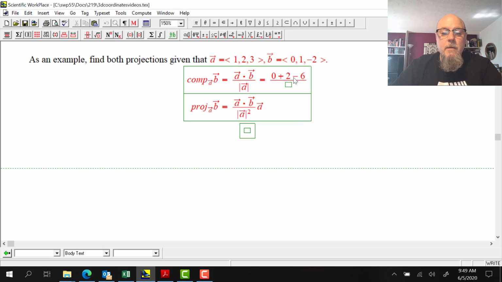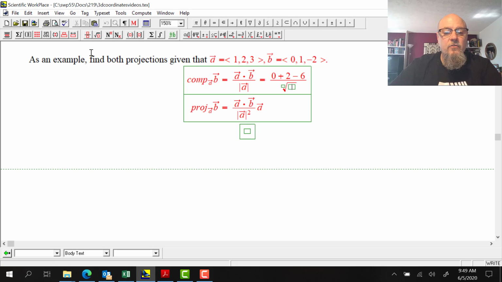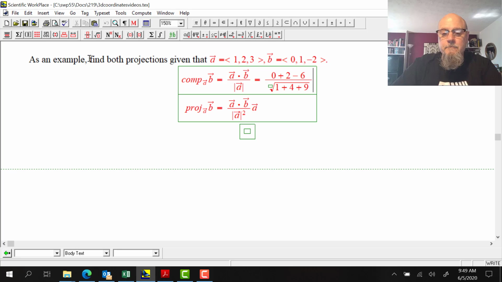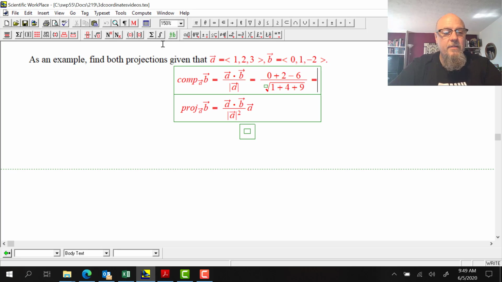And now I need to divide it by the magnitude of A. The magnitude of A is the square root of first component squared plus second component squared plus third component squared. When I simplify this, I'm going to get minus 4 over root 14. There's the component. That's how long that red line on the bottom was.